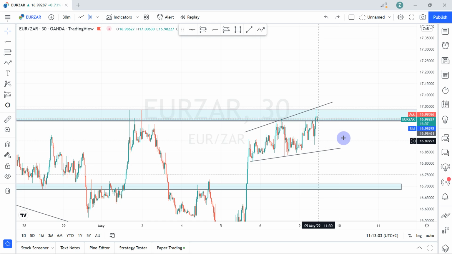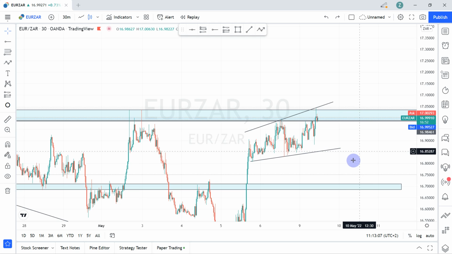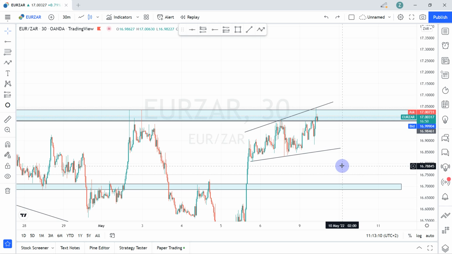So one advice I would give for currency pairs: do not change currency pairs, because you're losing trades on this pair, you're winning trades on that pair.